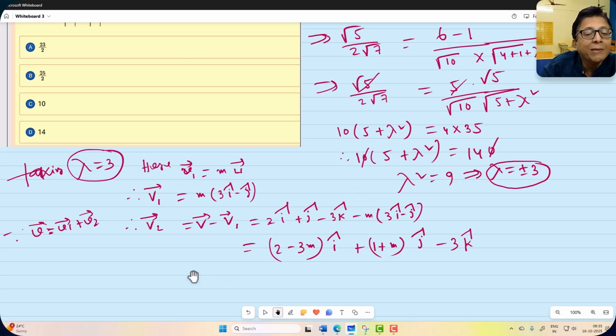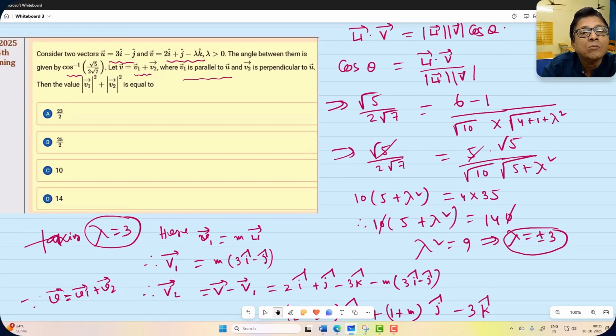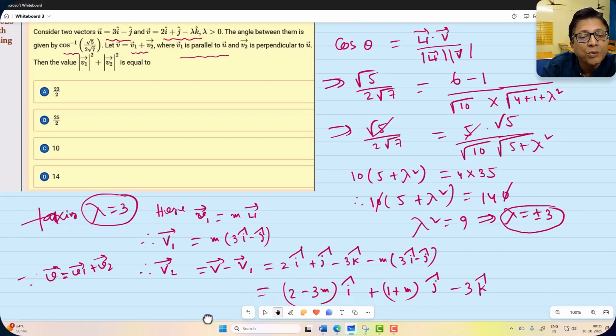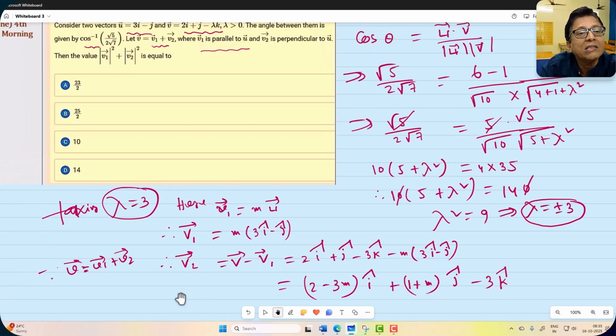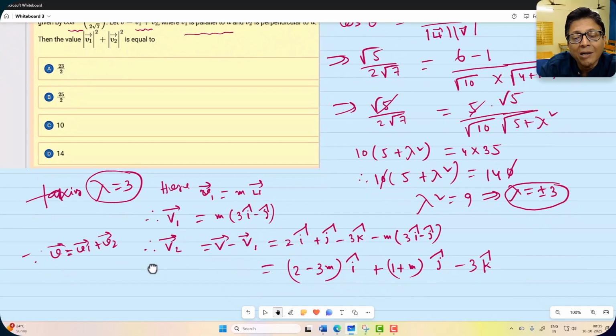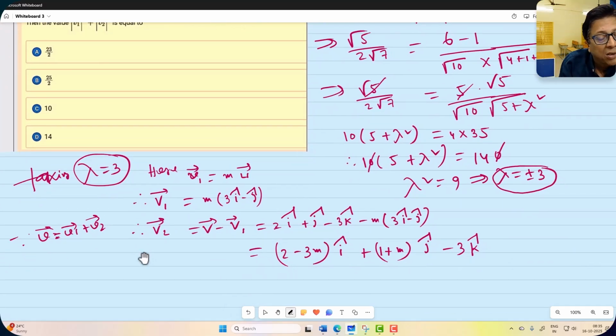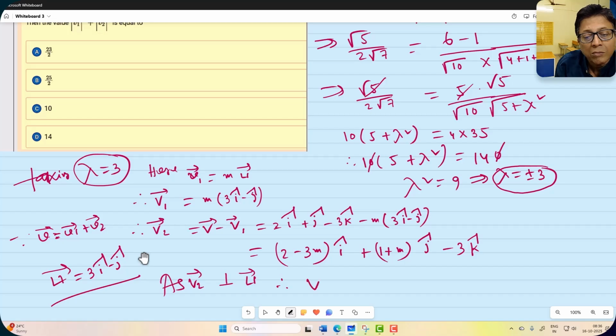Now in the problem it is given V2 is perpendicular to U, and U vector, you know what U is. U is 3i minus j. And as V2 is perpendicular to U, therefore V2 dot U is going to be equal to 0.